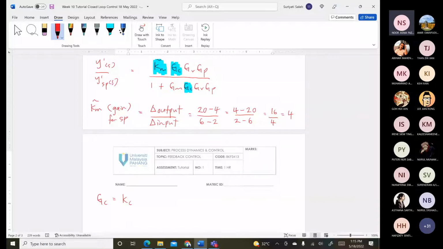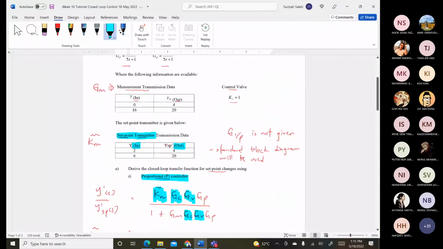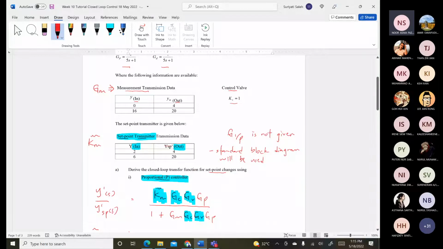Then the next is GV. You have the GV in the numerator and denominator. So GV here, based on the control valve, states that KV equal to 1. So automatically the GV equal to KV equal to 1.